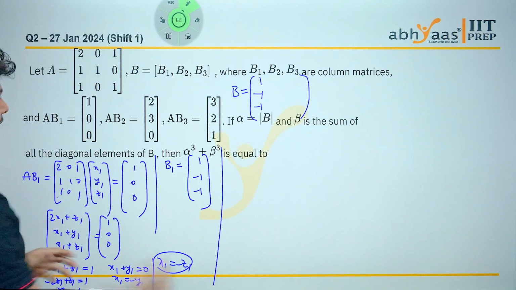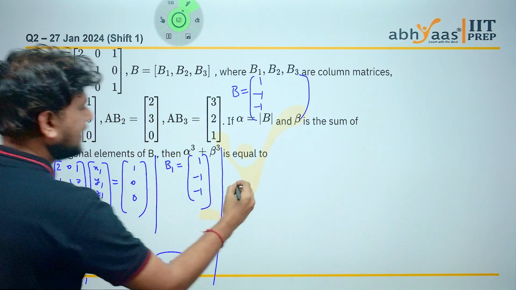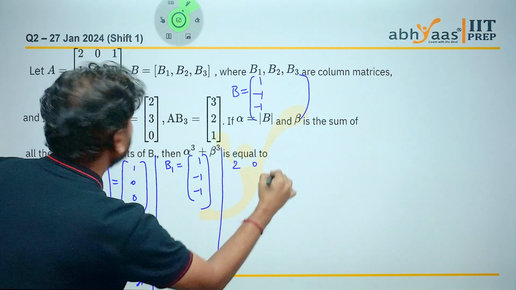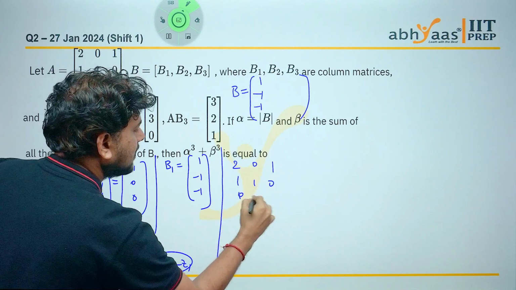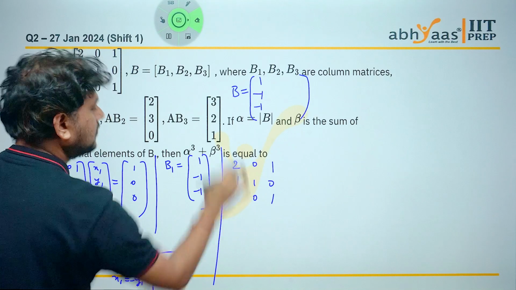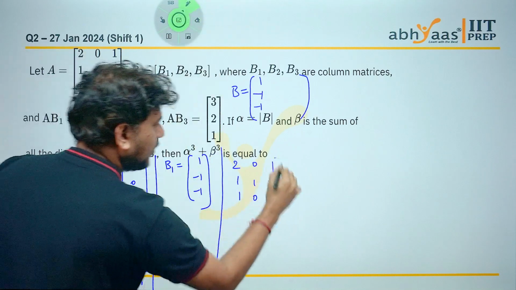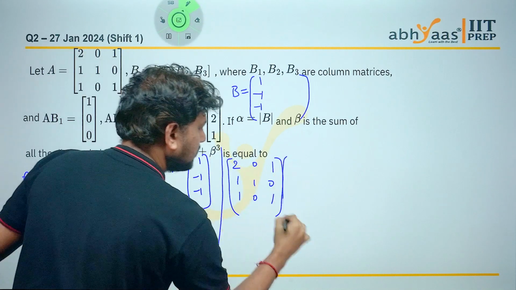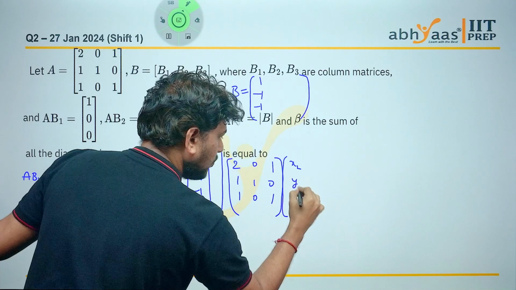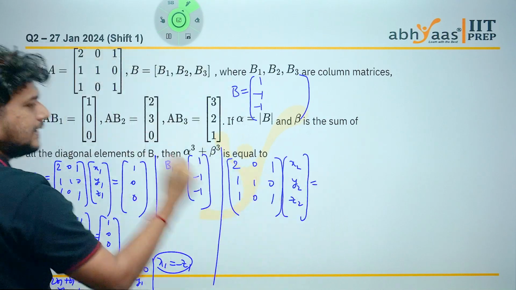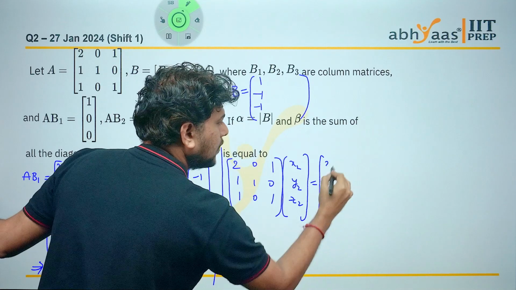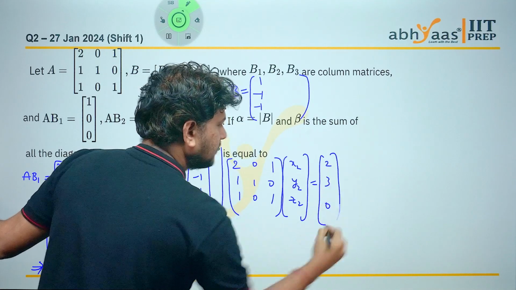Next, AB2 equals (2, 3, 0). So [2 0 1; 1 1 0; 1 0 1] into (x2, y2, z2) is equal to (2, 3, 0).